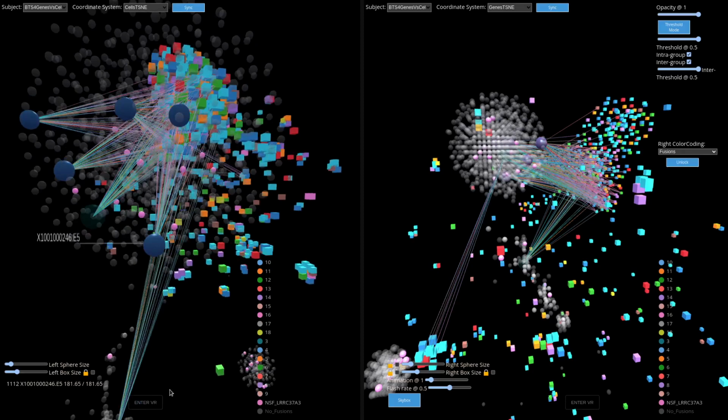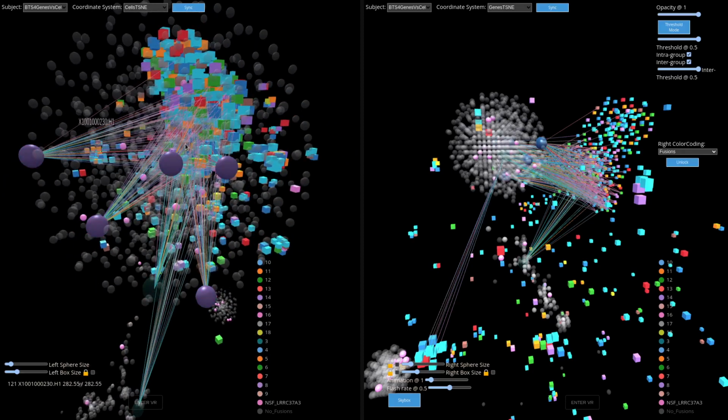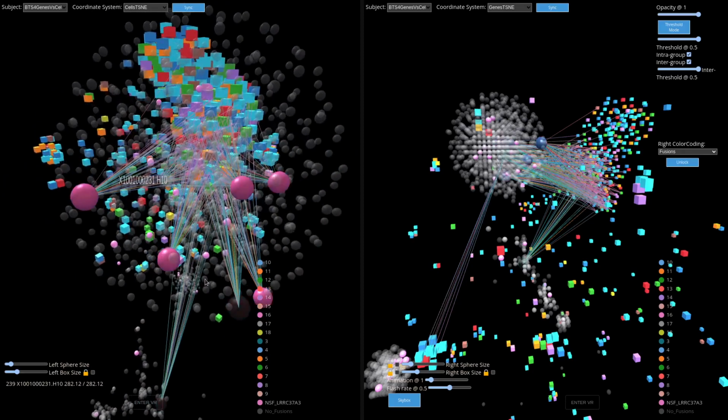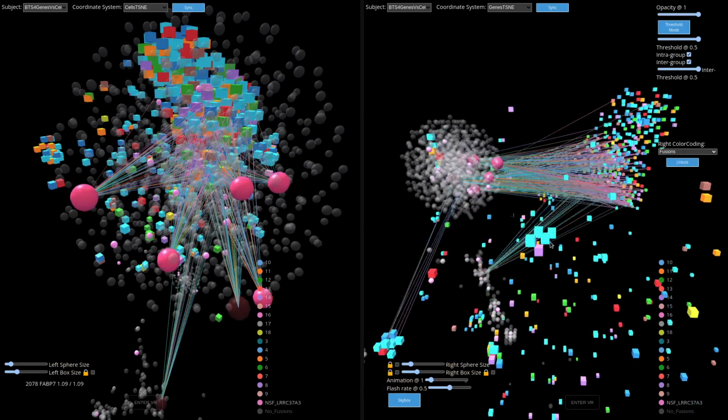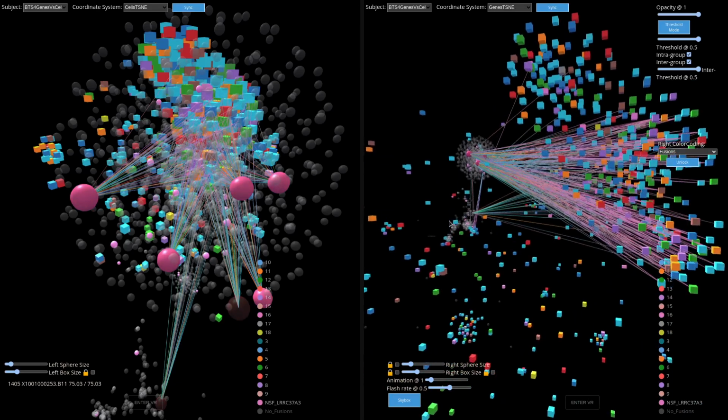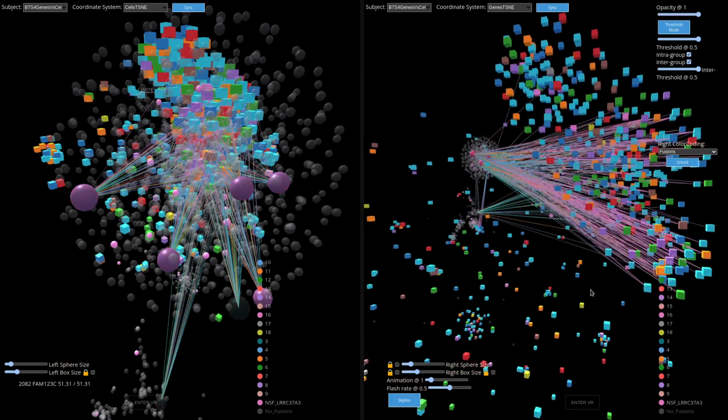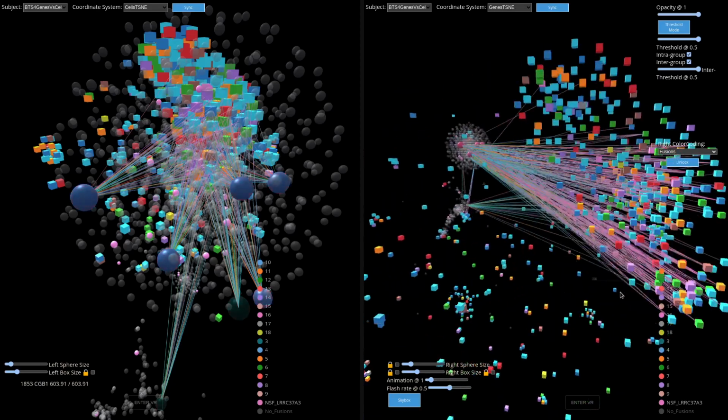And you can also see edges going from the cells to the genes, where the genes represented as cubes shows you exactly which genes are expressed by which cell.